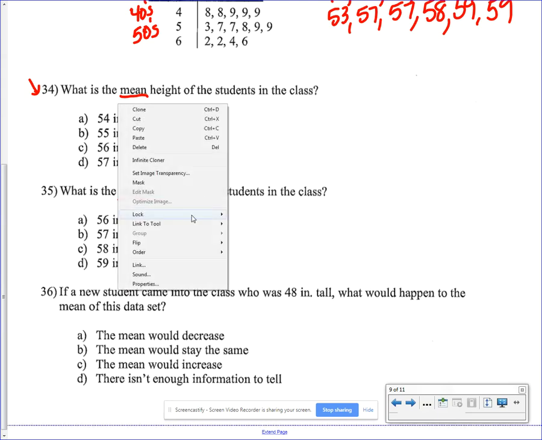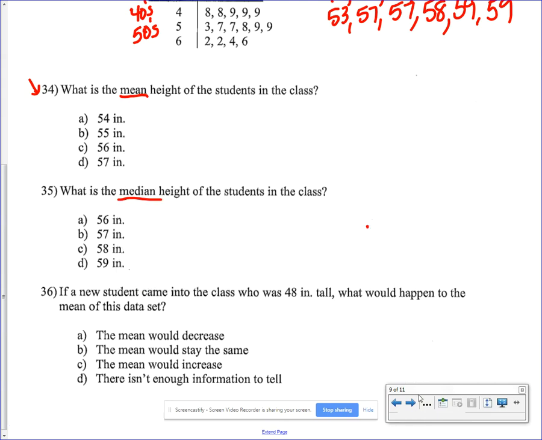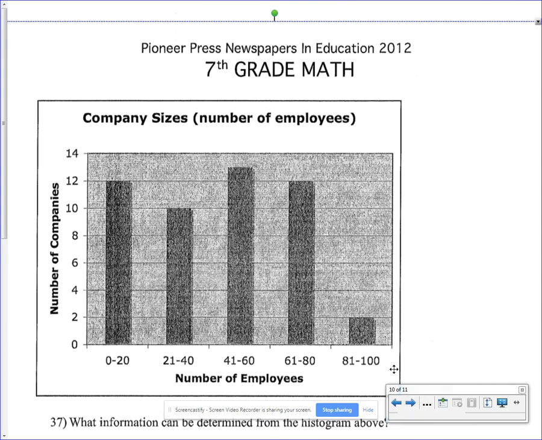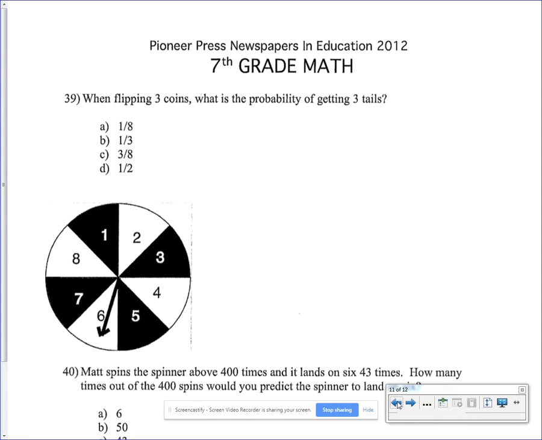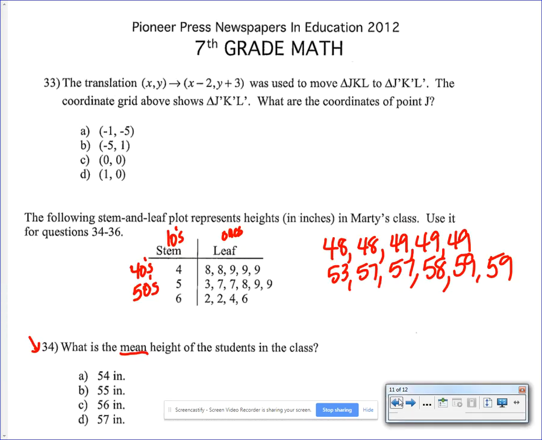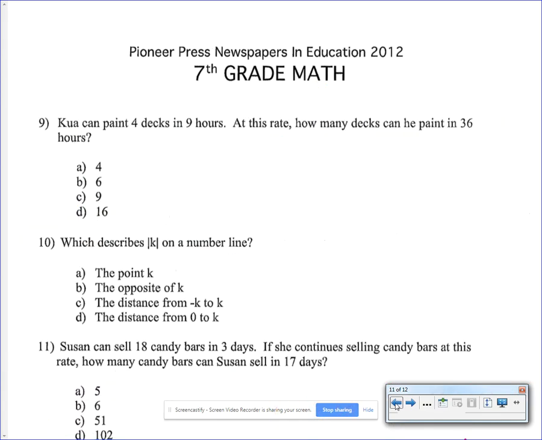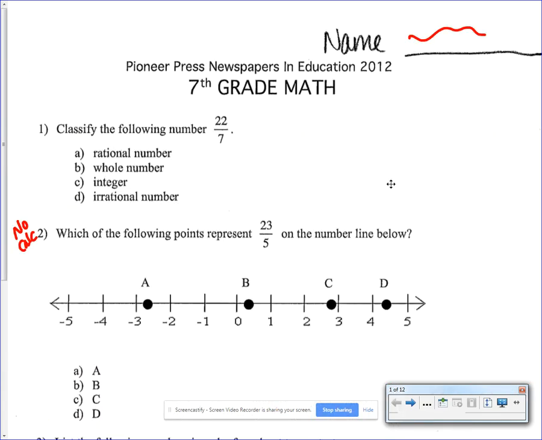All right. As far as the rest of these pages, look them over. We will still review some of the graphing things and some probability. I want you to make your best attempt at answering these questions. All right, I'm going to bring this back to the very beginning on this page.